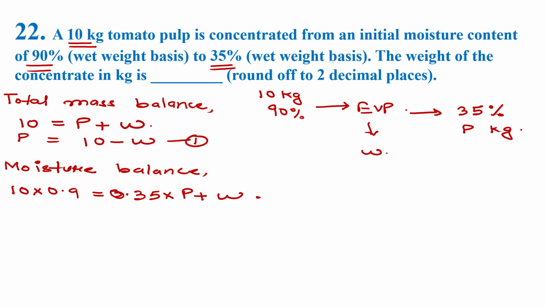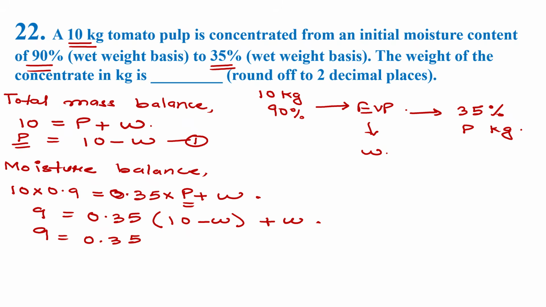So it is 9 is equal to 0.35 into 10 minus W plus W, or 9 is equal to 0.35 into 10 minus 0.35 W plus W.